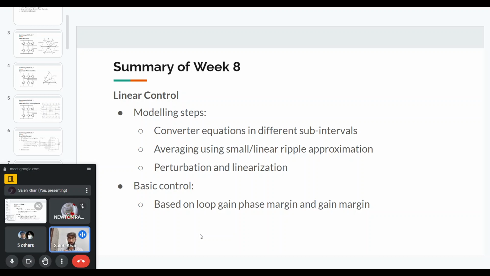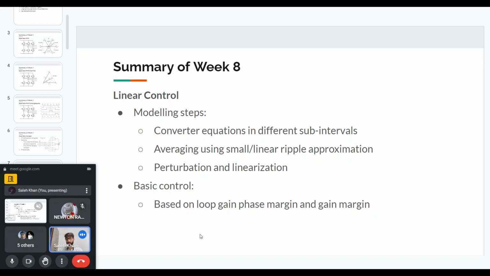And then we find an operating point. Because these equations will be nonlinear, but we want to use linear control techniques, which are much easier than nonlinear control techniques, we will find an operating point and then linearize our equations at that operating point.